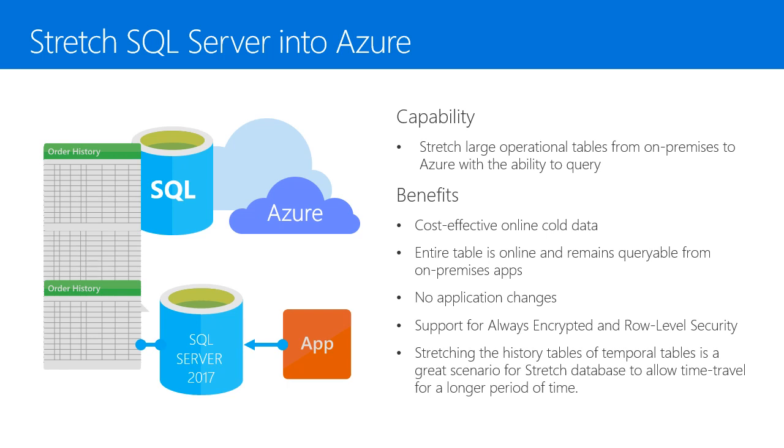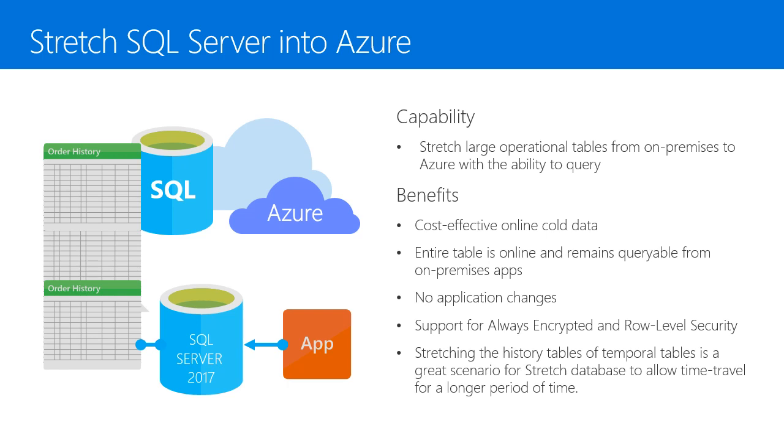So when you're using the application in normal operations, and if the application triggers a query, that query will actually return rows both from the on-premise SQL Server database, and also the rows that may be in Azure, because you configure the stretch on SQL Server. So you configure the stretch capability on SQL Server on-premise, and then stretch that all the way to Azure. So it doesn't require any application changes.